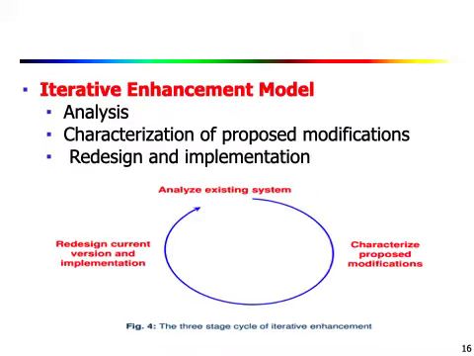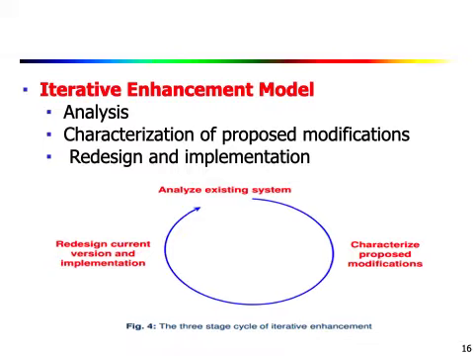Then the next type of model is the iterative enhancement model. In the iterative enhancement model, what you do is you analyze the system, then you find some modifications are required, then you do characterization of the proposed modifications, then you redesign the system and then implement it.